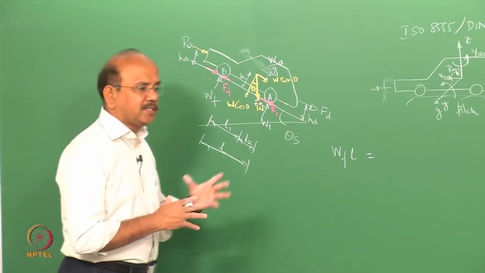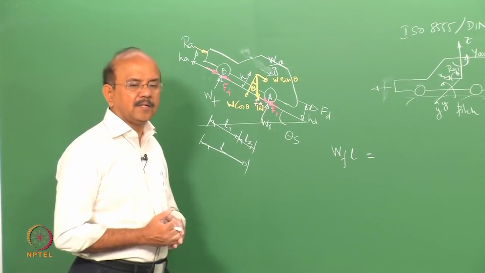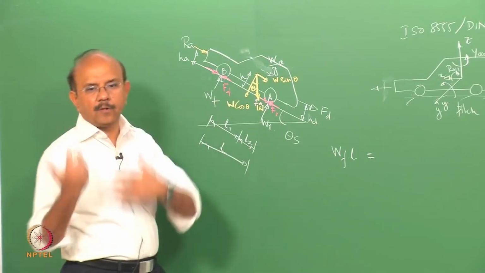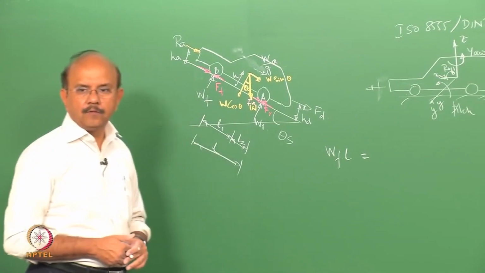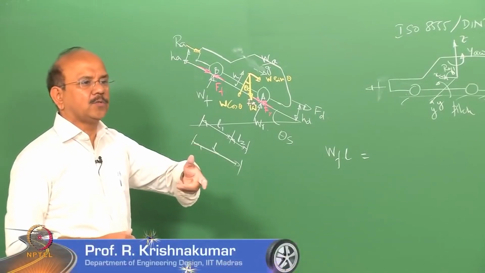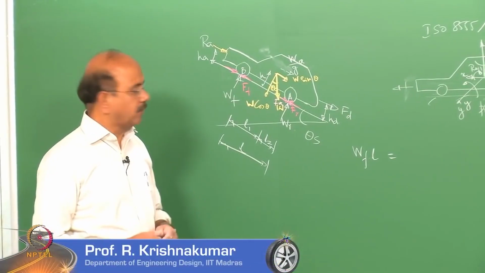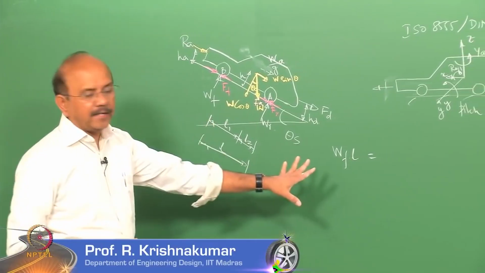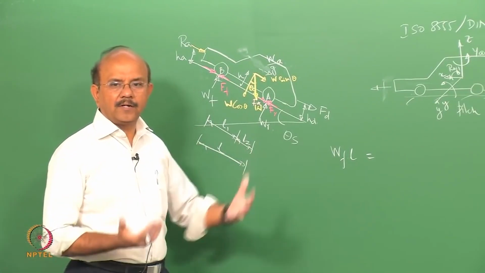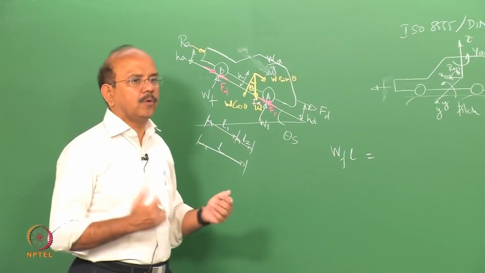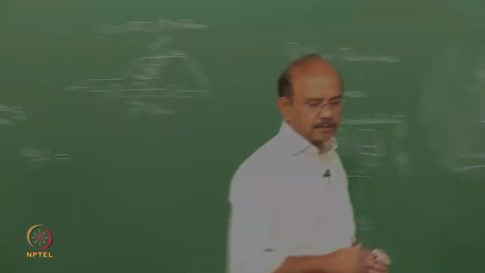You would have noticed this when you go in a car, very simple mechanics: when you accelerate you tend to fall back, and when you brake you tend to fall forward. In other words, there is a load transfer to the axles as well. It has a very interesting effect. So we will write down this equation, we will find out WF and WR, then we will look at traction and braking and so on. Okay? We will stop here and we will continue in the next class.